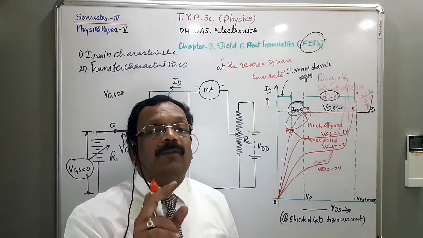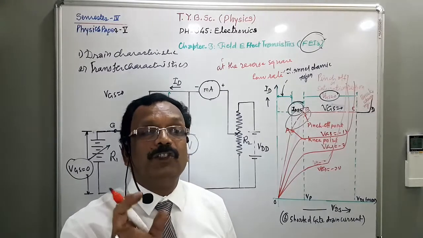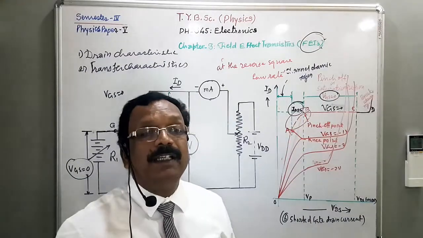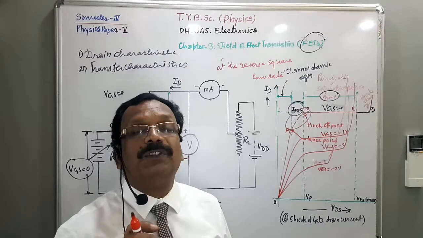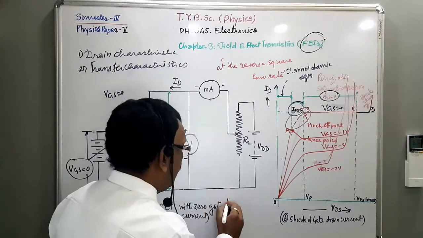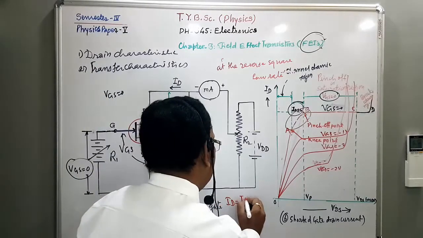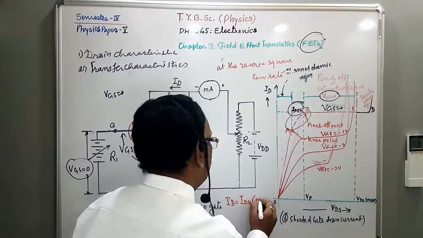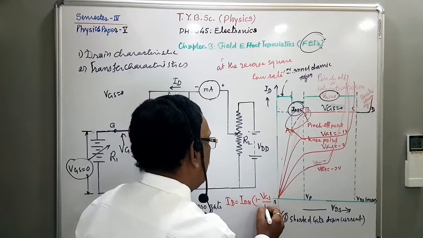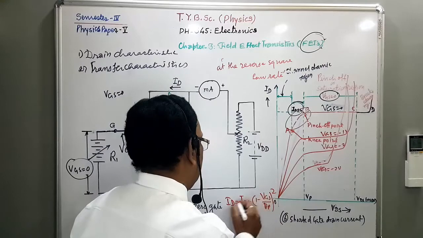For this purpose, there is one more important equation, the Shockley equation. The drain current in the pinch off region depends upon the gate to source voltage VGS, and is given by ID equals IDSS times (1 minus VGS upon VP) whole squared.